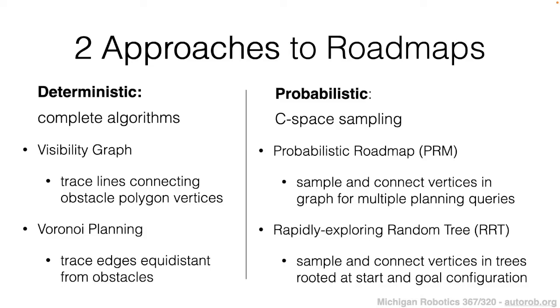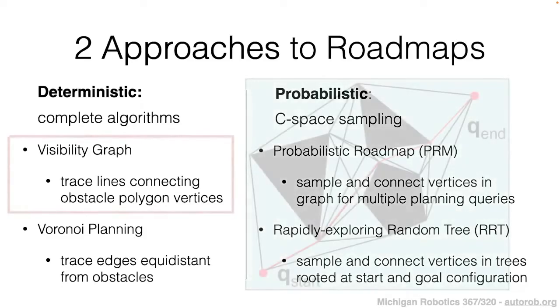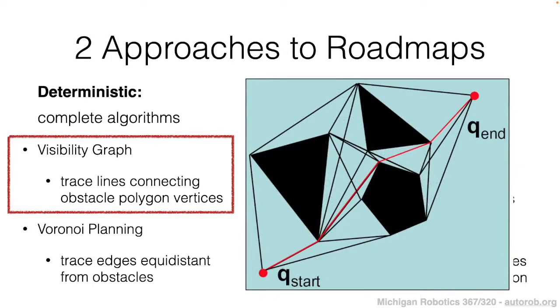So the first deterministic approach that we could consider is what's called a visibility graph. So what we could imagine doing is we could take every vertex along the essentially polygon represented world obstacles, as well as the start and goal location, and we could trace lines that connect those vertices and treat those traced lines as our roadmap.